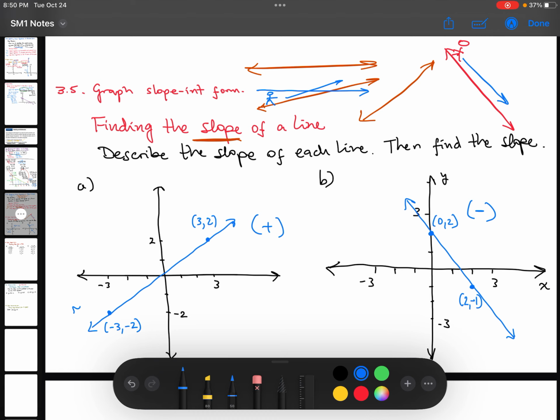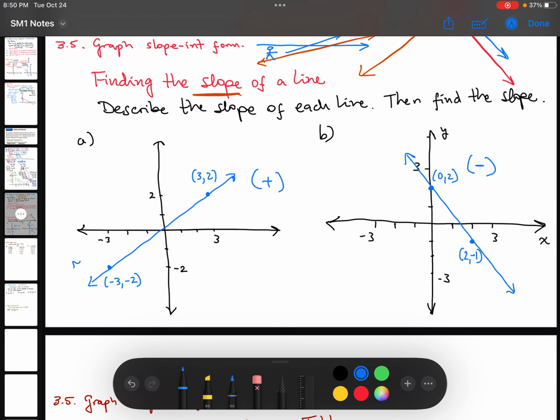Now we need to figure out the number. Pay attention. Once you have two coordinate pairs of a line, you can find anything, guys. Look at that. How to calculate the slope of a line. This is really easy. You just have to pay attention. Look at this first point right here.